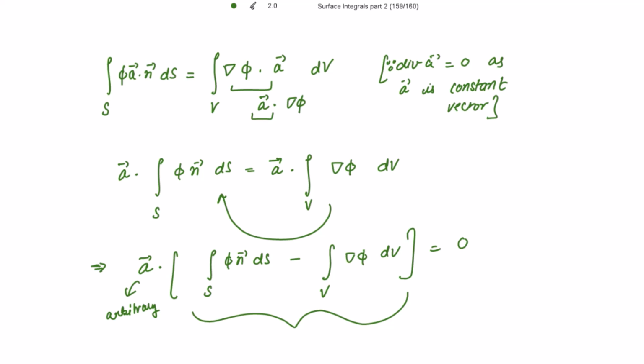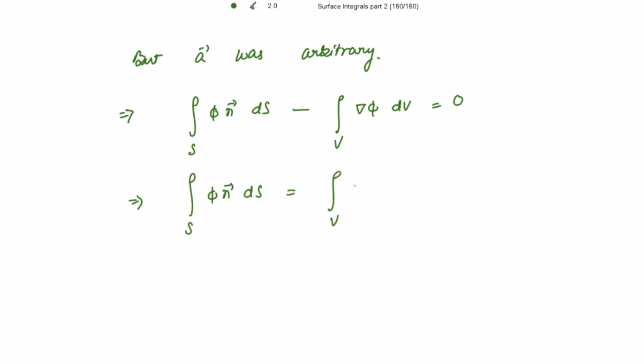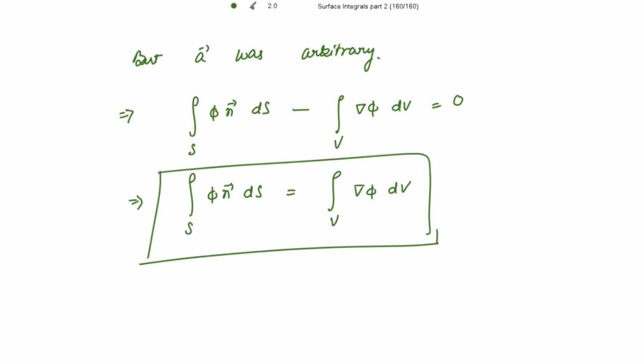So that implies the difference of these integrals is equal to 0. So by arbitrariness of a, this implies the surface integral of phi n vector ds minus the volume integral of del phi dv is equal to 0, which implies the surface integral is equal to this volume integral, and this is our required result. Okay, thank you.